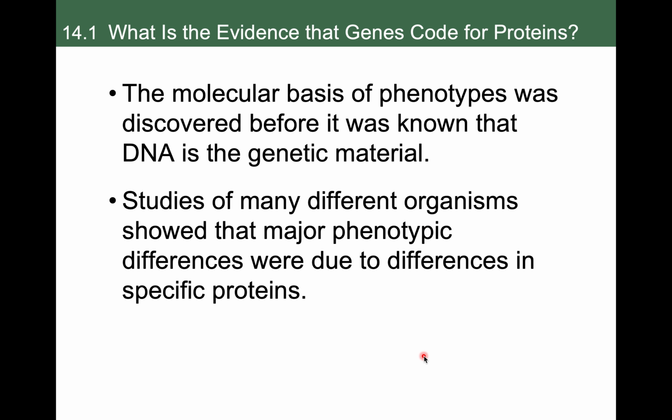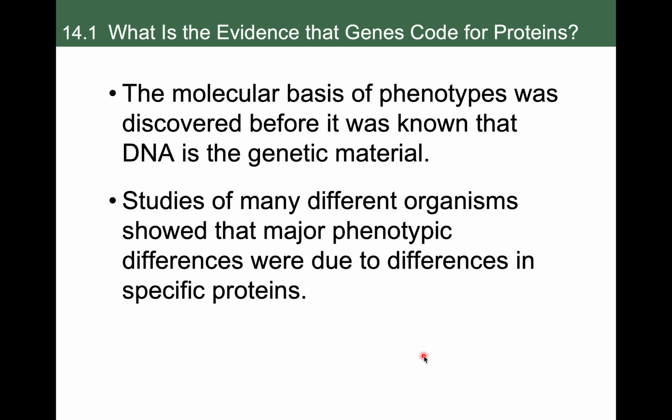All right, so of course now we're very familiar with this idea that genes contain these instructions for coding proteins. You need one to get the other, but initially that was not at all clear, and somebody had to figure that out. So we knew that proteins could cause phenotypes.